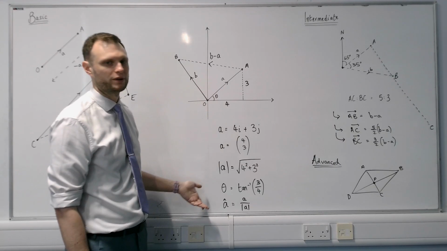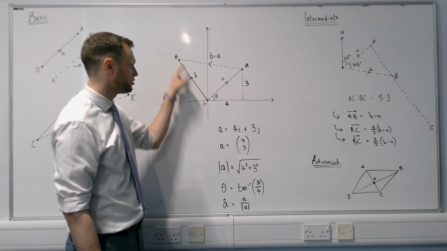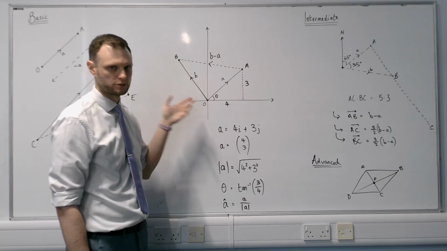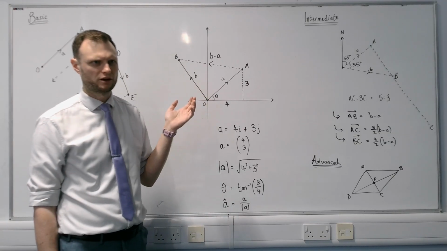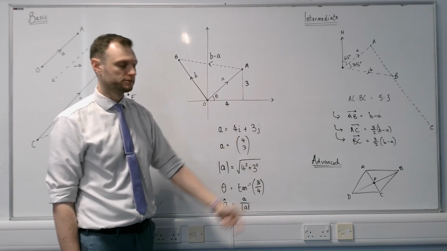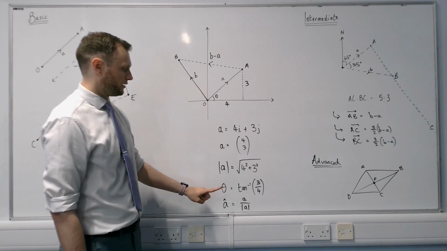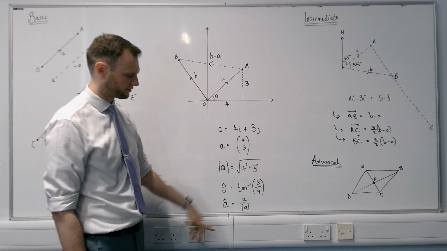I haven't written down what B is because that's not what I was going to talk about, but if you know what B is, you can work out this angle by doing tan, and then you can work out the other, because it's on a straight line. So a lot of the time you're going back to basics with Pythagoras, SOHCAHTOA. In this case, that theta is just inverse tan of 3 over 4, opposite over adjacent.